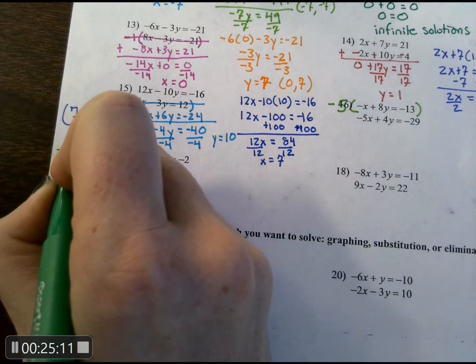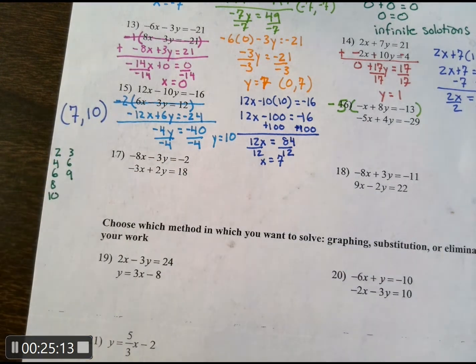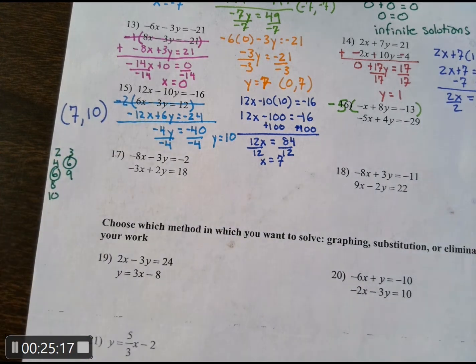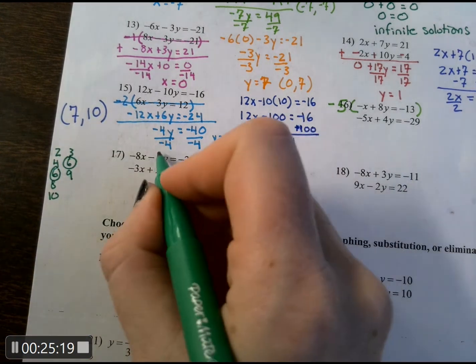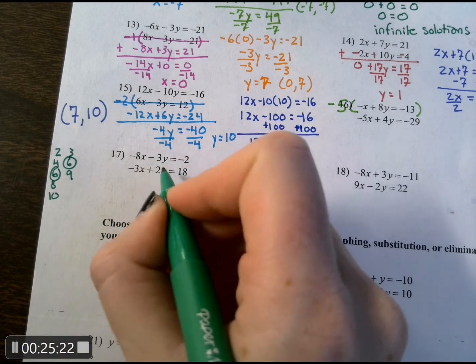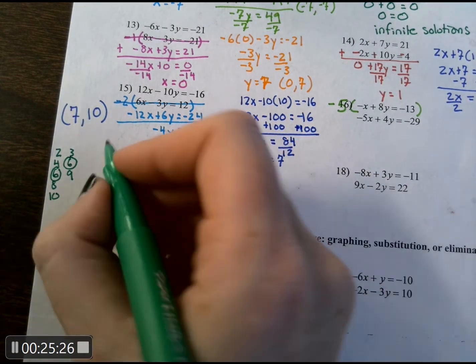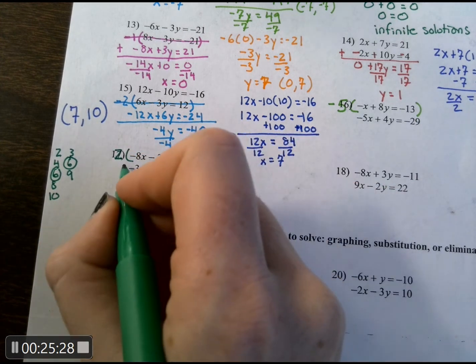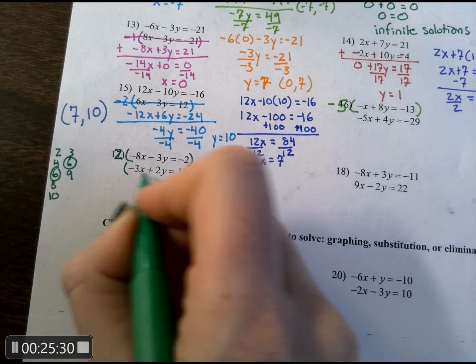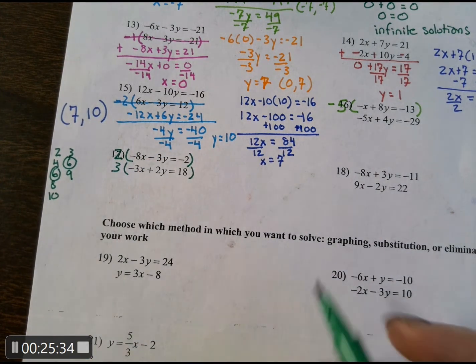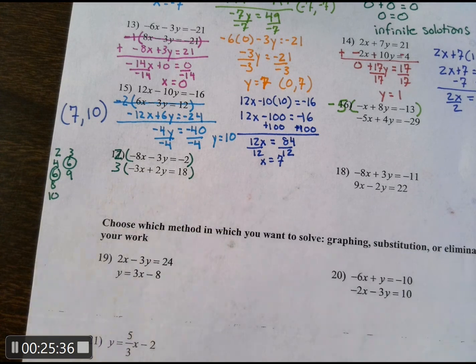And then for 3, we have 3, 6, 9, etc. Our least common multiple is 6. So we want our y to become 6. So I'm going to multiply this equation by 2. And I'm going to multiply this equation by 3. And since this one is negative and this one is positive, we are just going to multiply by 2 and 3. Okay?